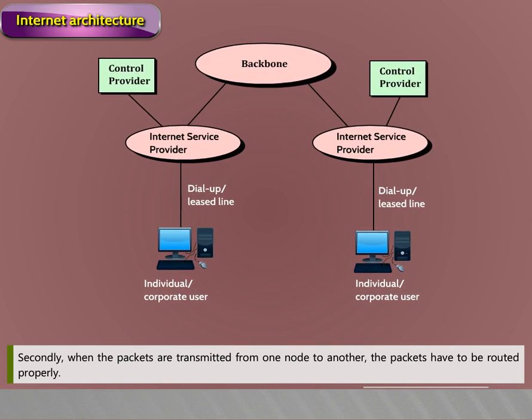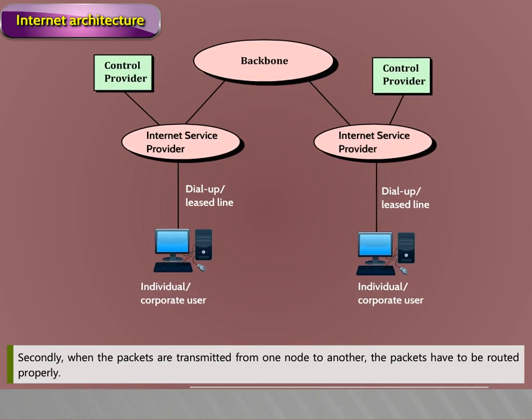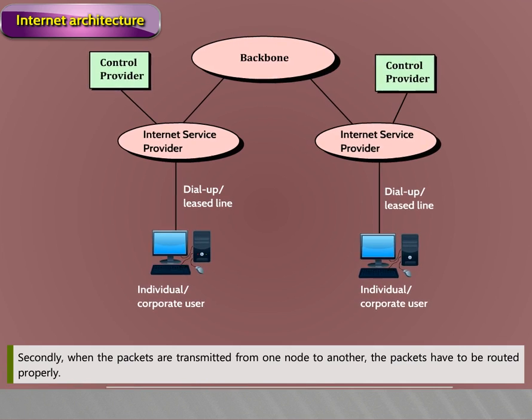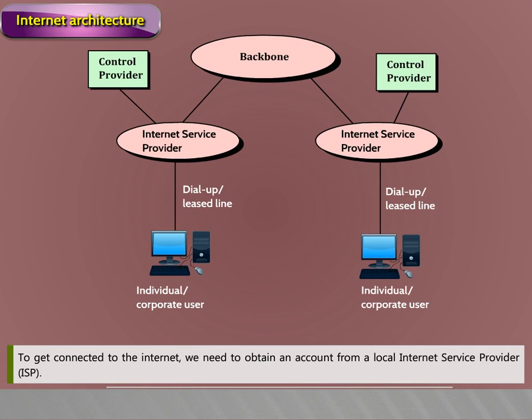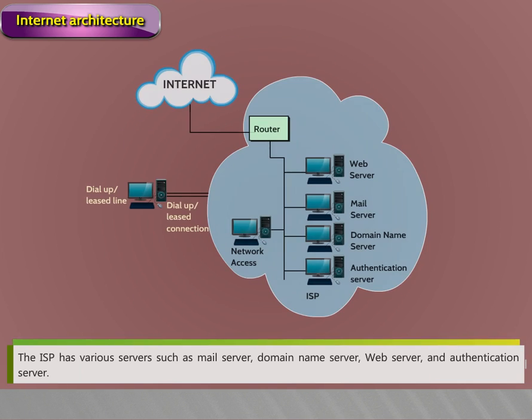Secondly, when the packets are transmitted from one node to another, the packets have to be routed properly. To get connected to the internet, we need to obtain an account from a local internet service provider, ISP.